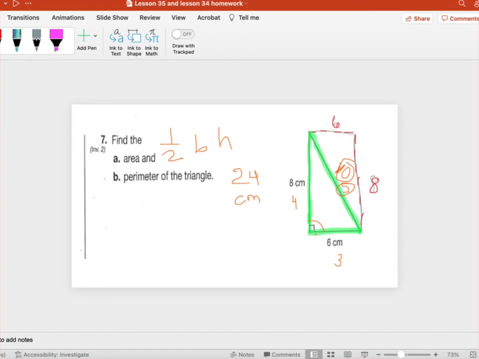The base is 6, the height is 8, so 6 times 8 is 48. 1/2 of 48 is 24. But this is area, so it's centimeters squared. And we are done with the lesson.